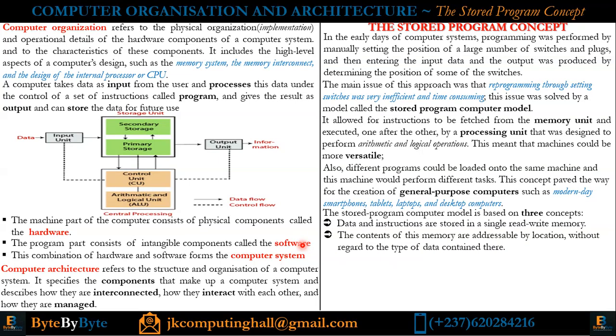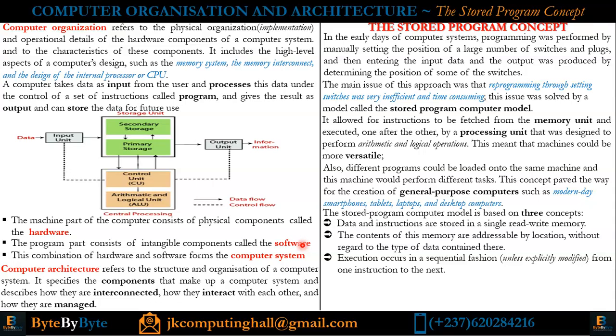The contents of this memory are addressable by location without regard to the type of data contained there, meaning that the memory where a particular data or instruction is stored has a memory address which the processing unit uses in order to access it. That's why we say the contents of this memory are addressable by location. Each data or instruction stored in the computer has an address.